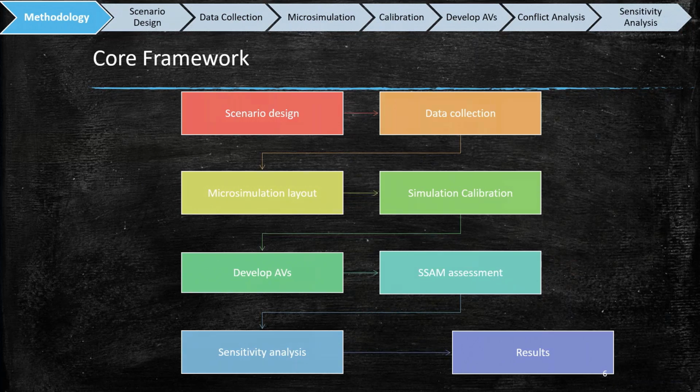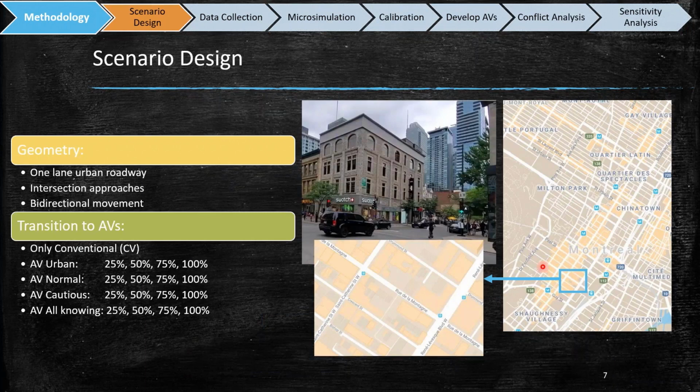For the scenario design, we went for a geometrical one-lane urban roadway. This is the general condition of urban roadways, apart from highways, and we have intersection approaches on both sides. We selected from downtown Montreal a specific road segment, an arterial.